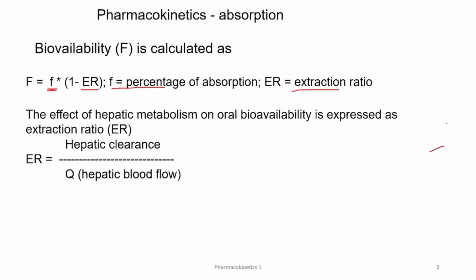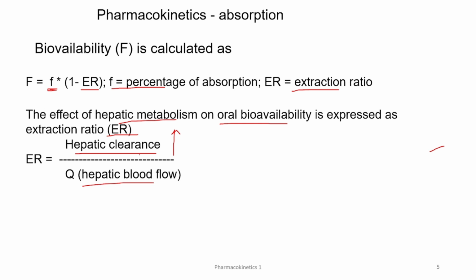So this effect of hepatic metabolism on oral bioavailability is described as the extraction ratio. Watch out here: hepatic clearance is in the numerator and hepatic blood flow in the denominator.